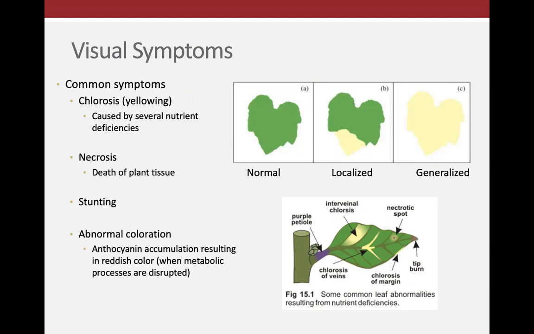We can think about things where there are necrotic spots, or there's intervenal chlorosis. You'll hear this. Essentially, here are the veins of the leaf, and then not the vein itself, but in between that venal tissue, intervenal chlorosis. It's actually yellowing.